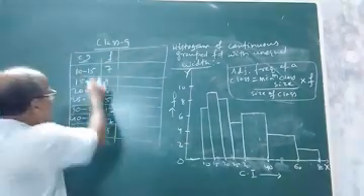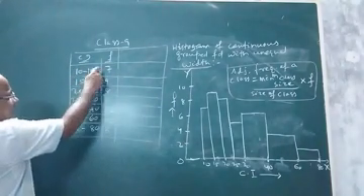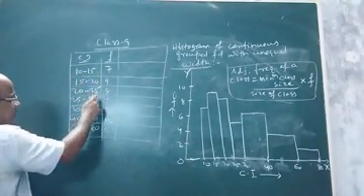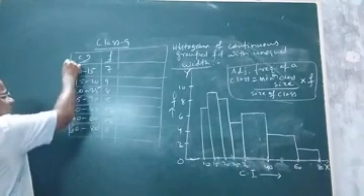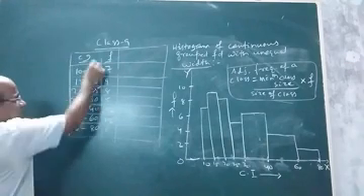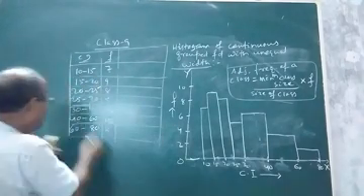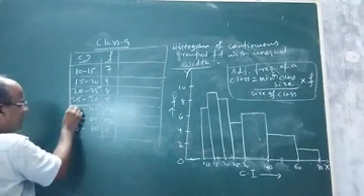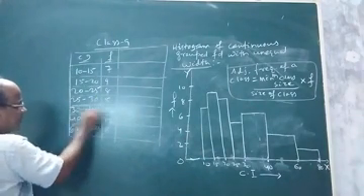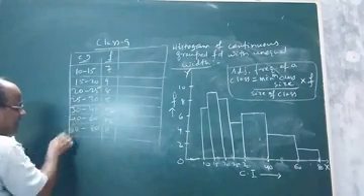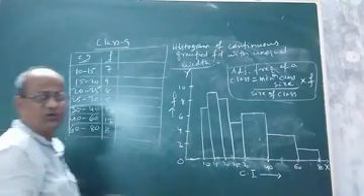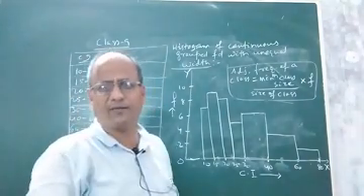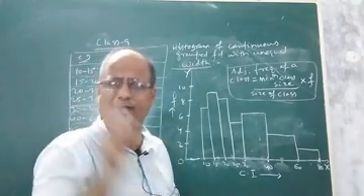What is the minimum class size? In the first 4 classes, the class size or width is 5. In the next class it is 10, because it is given 30 to 40, class size 10. Here the class size is 20. So which is the minimum class size? Definitely the minimum class size in this particular case is 5.